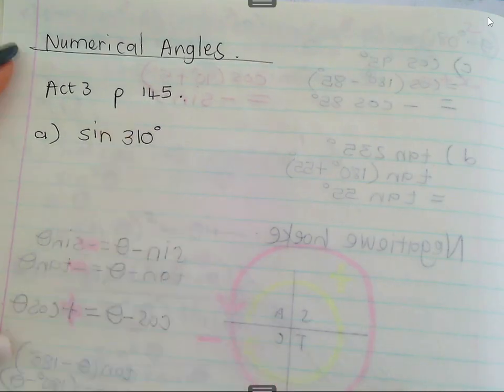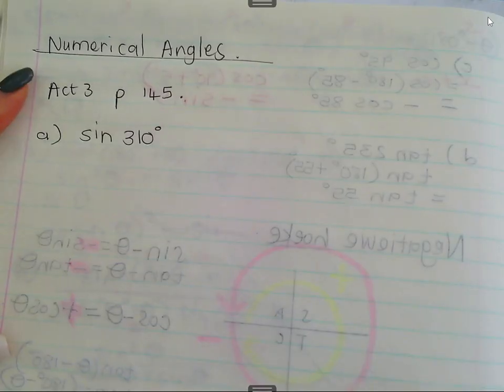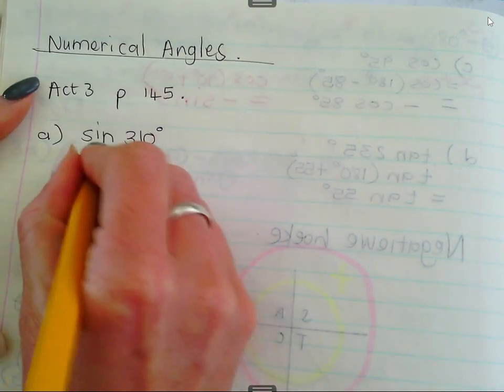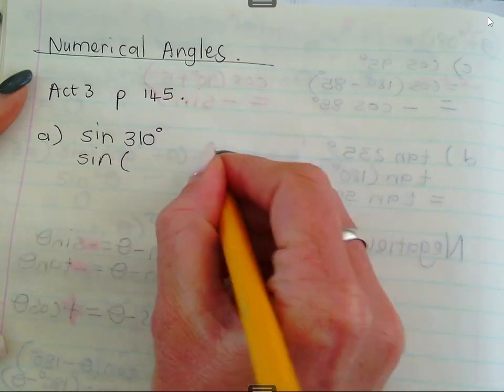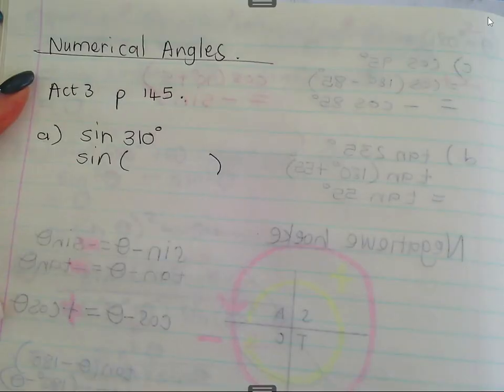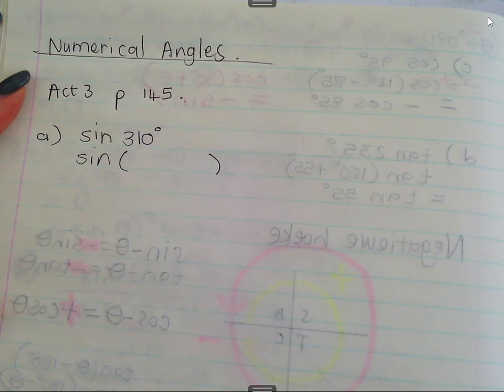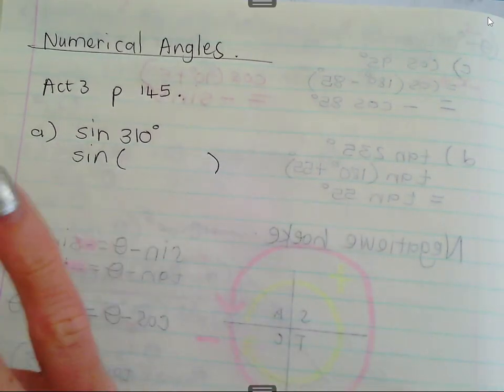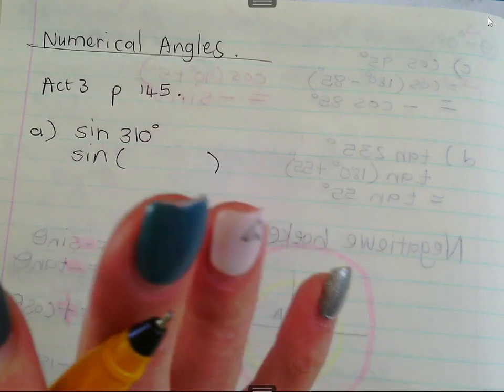When we look at sin 310, we want to find sin's reference angle. Now the way we're going to do that is we're going to say I have sin, and then I'm going to put in brackets a sum. The answer of this sum inside the brackets must still be 310 because I can't change the angle.